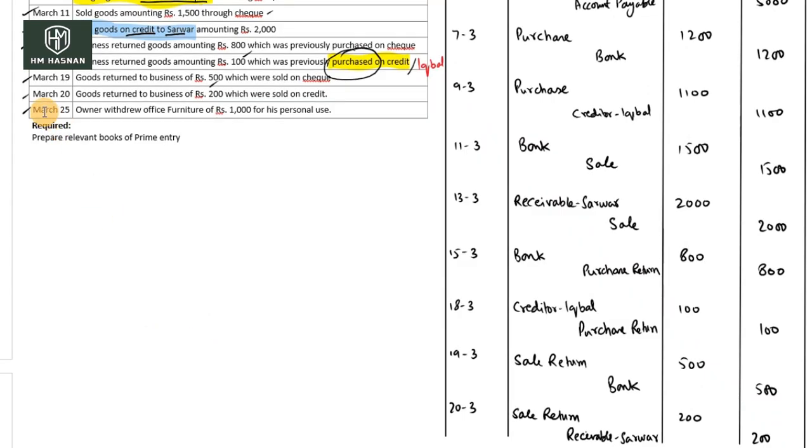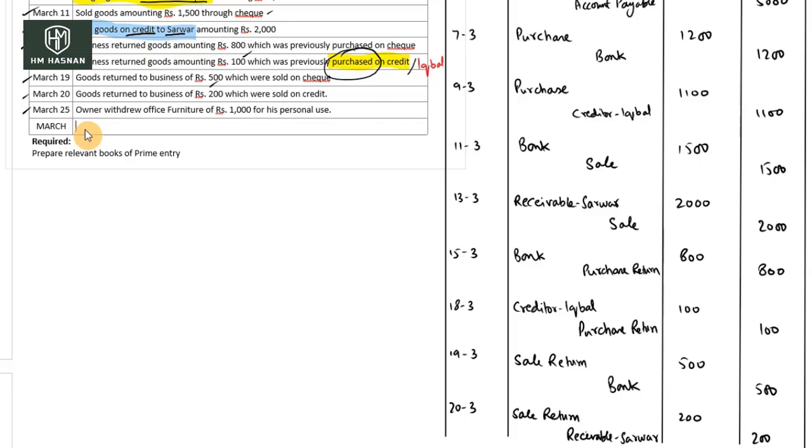So we will add one more entry in this transaction, that is we can add this on March 27th. The entry will be, for example, owner withdrew office furniture, we have done this.